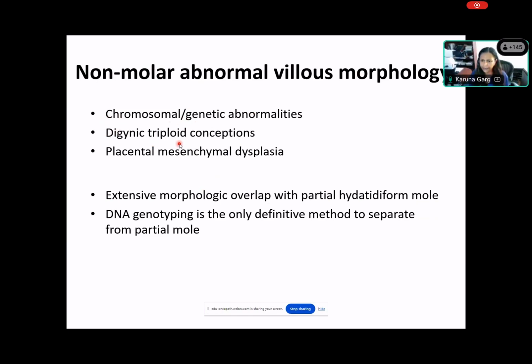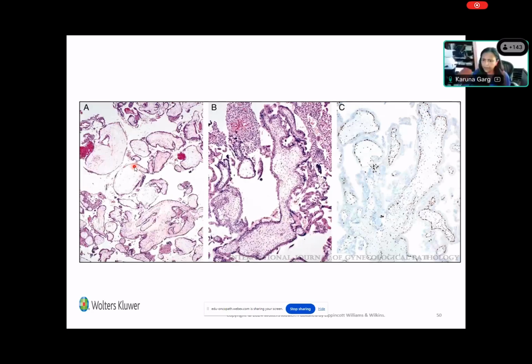We talked about digynic triploid, a triploid in which two copies are coming from mom. These are non-molar, but they can also result in abnormal villus morphology. And then placental mesenchymal dysplasia can also result in AVM. So of course, when you get this, your differential diagnosis is often a partial mole, and the only way to really resolve that is to send the case for DNA genotyping. So these are examples of non-molar abnormal villus morphology.